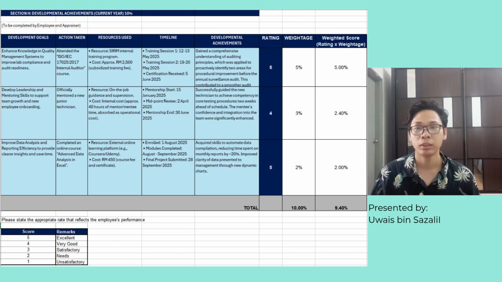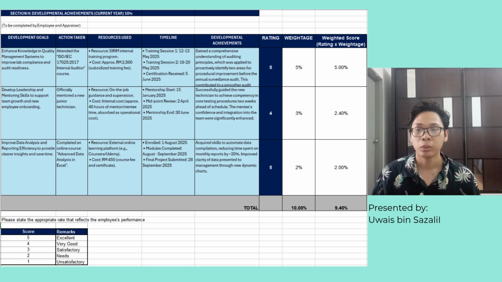Section H is development achievement. This section focuses on the employee's learning, skill development, and personal growth during the current appraisal period. This includes participation in training or workshops, acquiring new certificates or skills, taking on stretch assignments or cross-functional tasks, and improving soft skills such as communication or leadership.